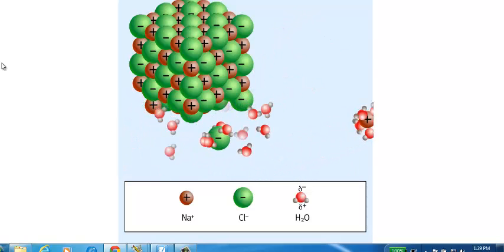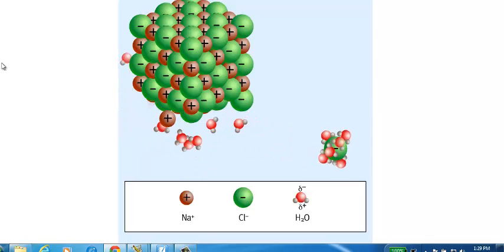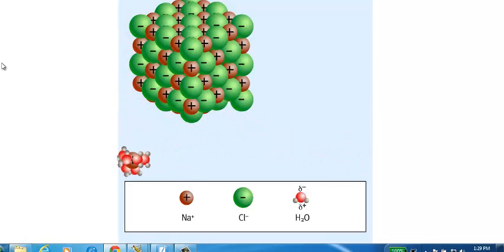Okay, so this big, chunky looking square cube thing is salt, NaCl. It's when you look at a grain of salt, like a little salt crystal, that's what it's composed of: lots of Na pluses, which are the orange guys, and lots of Cl minuses, which are the green guys, okay?